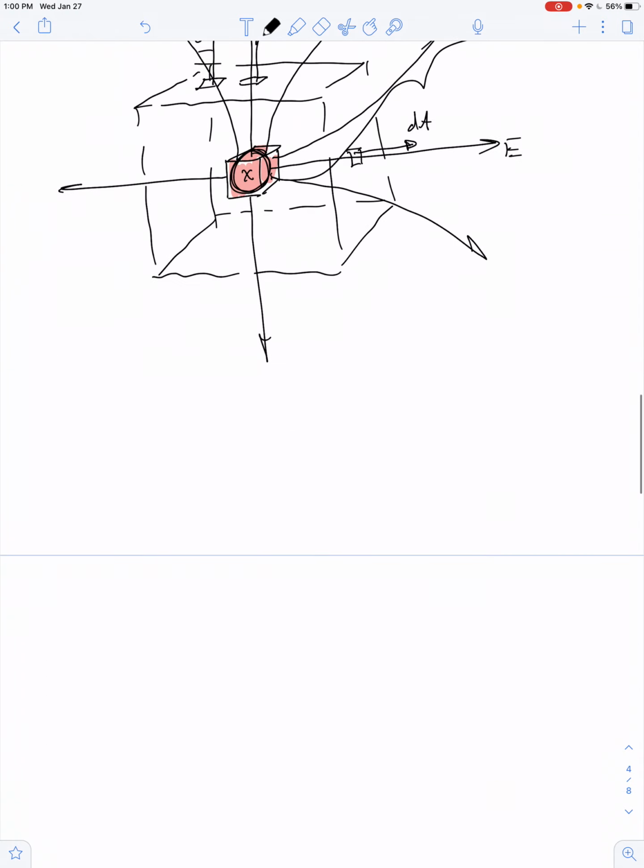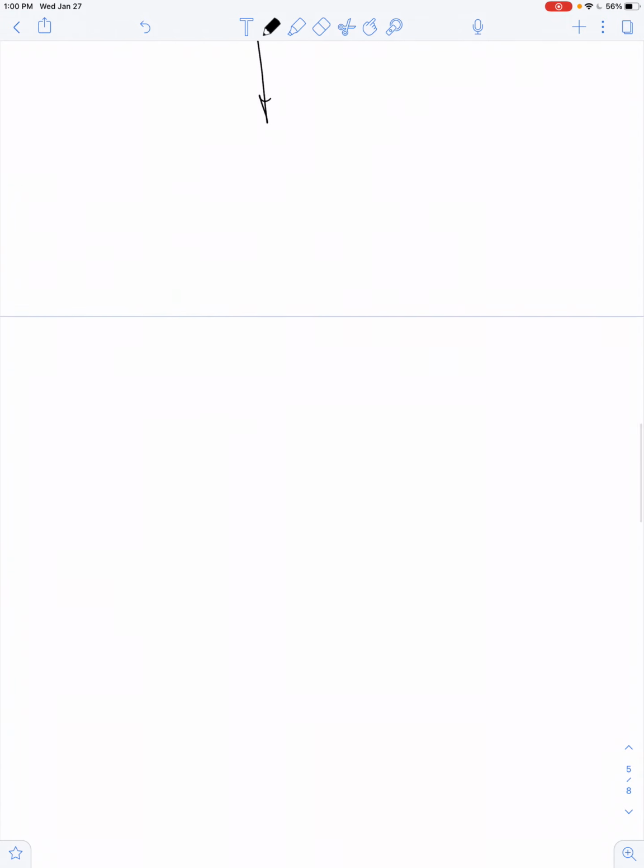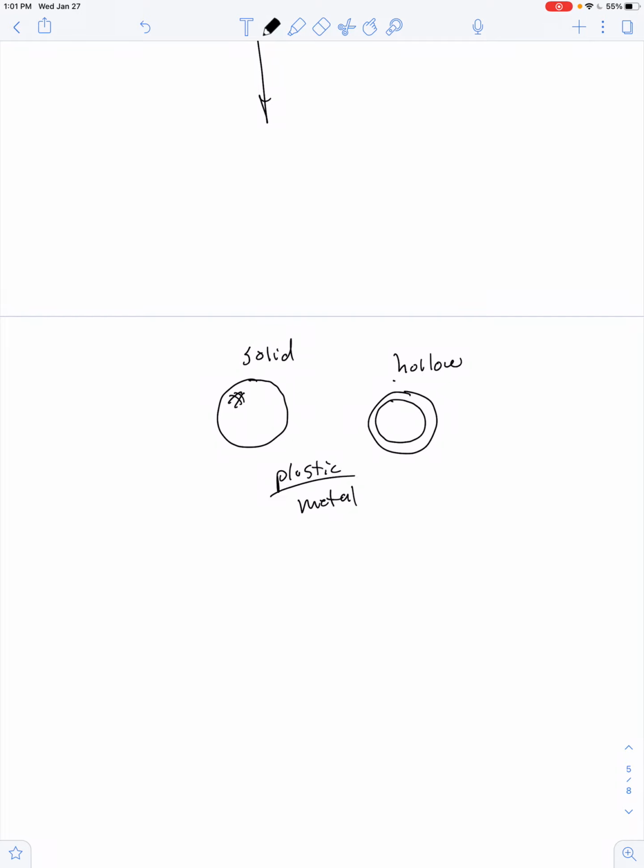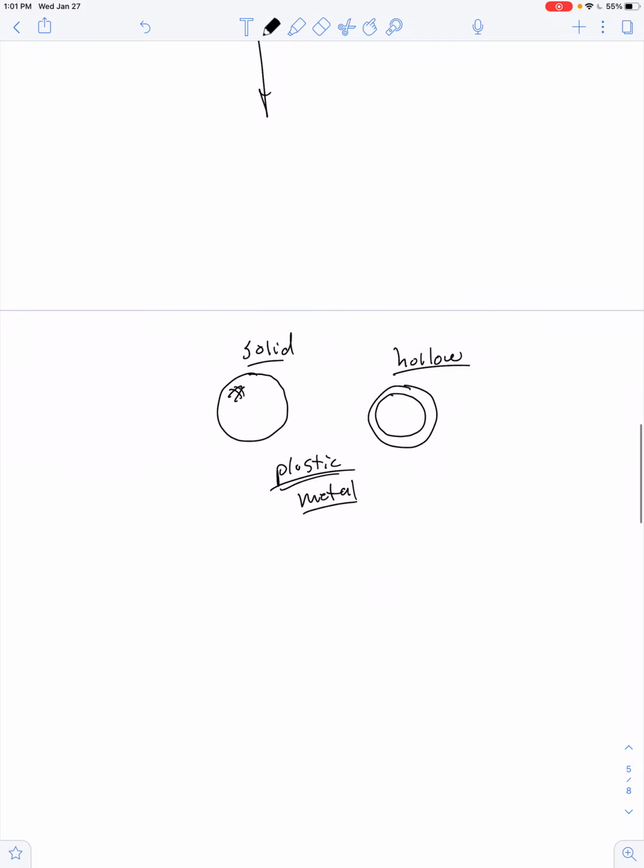But generally speaking, we're going to apply Gauss's law most often to spherical shapes. Whether it's a solid sphere or a hollow sphere, whether that sphere is made of plastic and is insulating or made out of metal and conducting, in all those cases, solid metal spheres, hollow metal spheres, solid plastic spheres, hollow plastic spheres, we can apply Gauss's law.